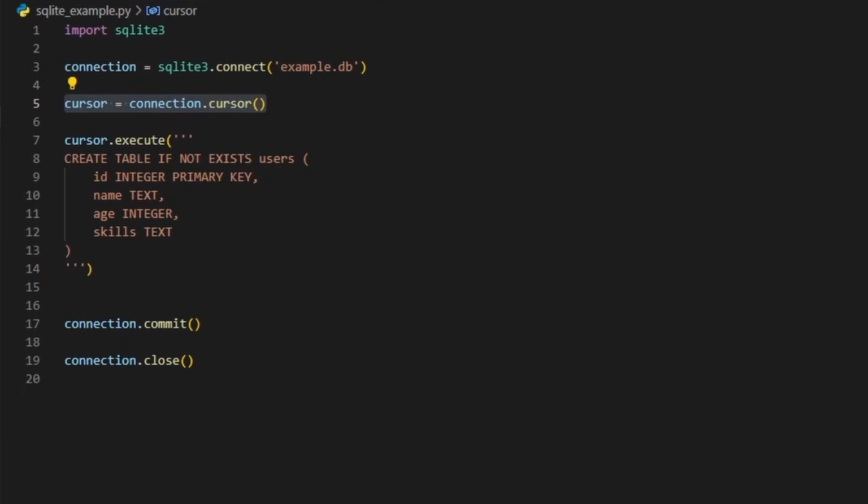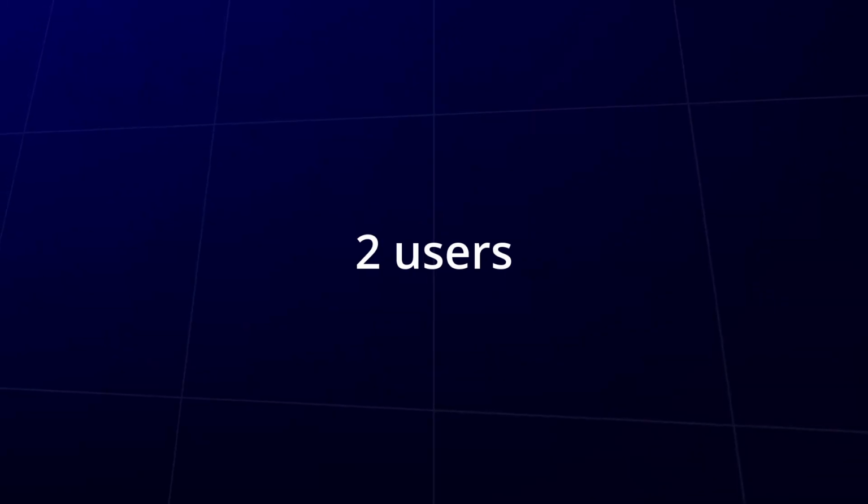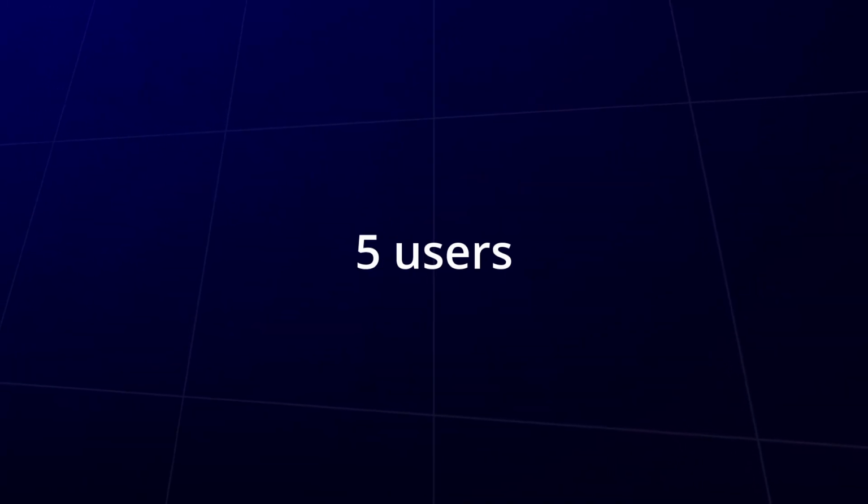Once we have the cursor, we execute a SQL query to create a table if it doesn't already exist. The command inside cursor.execute defines a table named users, which consists of 4 columns: ID, name, age, and skills. The ID column is an integer primary key, meaning it will uniquely identify each user and automatically increment with every new entry.